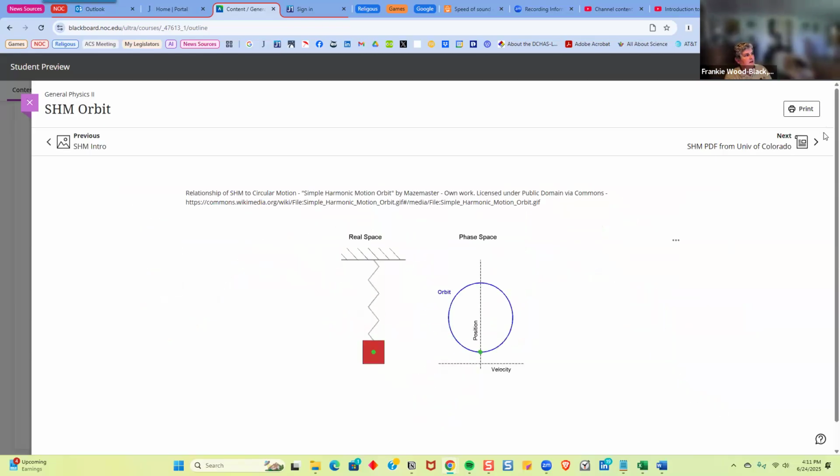There's another one that you can go to, but this also shows you how I can have a different view of simple harmonic motion. So we have our bobbing mass on a spring, but look at what's happening to the green dot: it's traveling in a unit circle. It's also following simple harmonic motion.